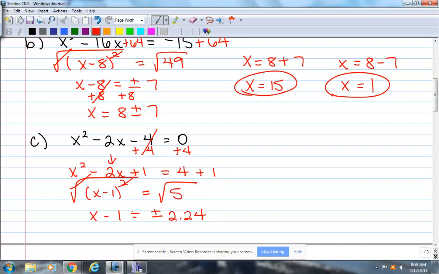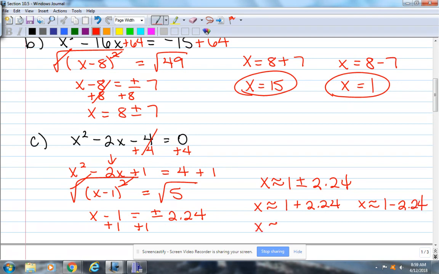And I'm going to change my equals to a squiggle because I don't like that one. So x is going to be approximately 1 plus and minus 2.24, right? Then we break up our plus and minus. X is approximately 1 plus 2.24. And x is approximately 1 minus 2.24.